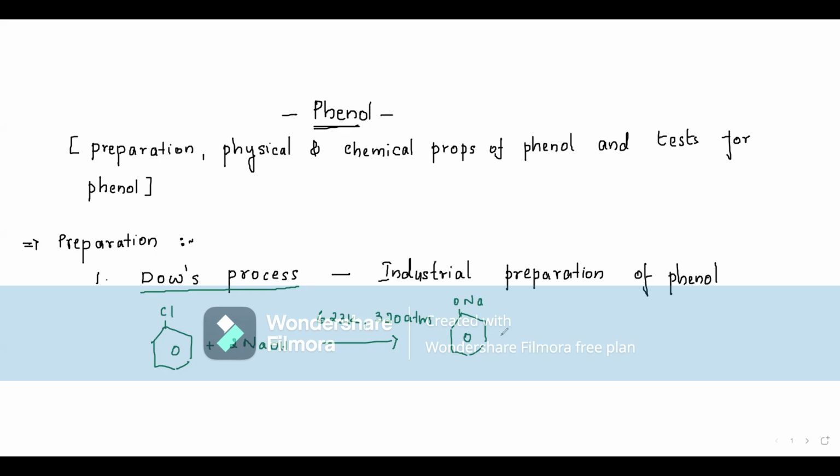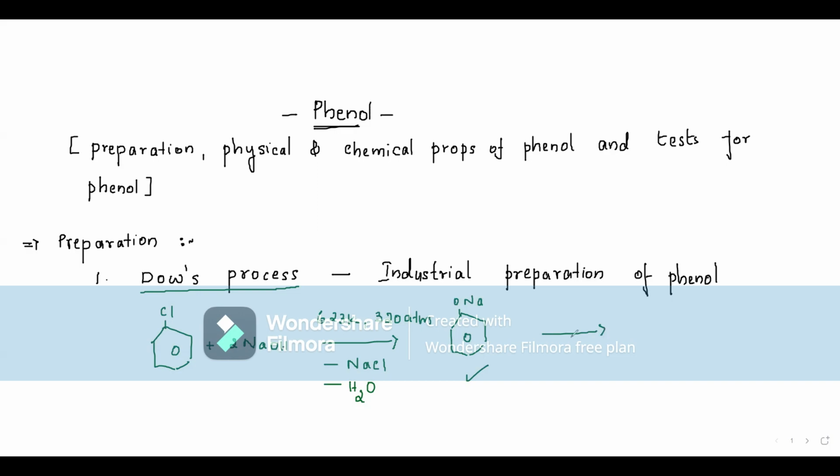Along with sodium phenoxide, there will be elimination of NaCl as well as water. I have written here minus NaCl and minus H2O. That means chlorobenzene, when reacting with sodium hydroxide, along with sodium phenoxide we get sodium chloride as well as water.